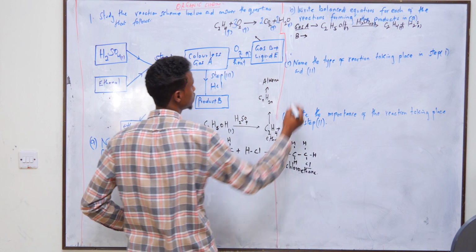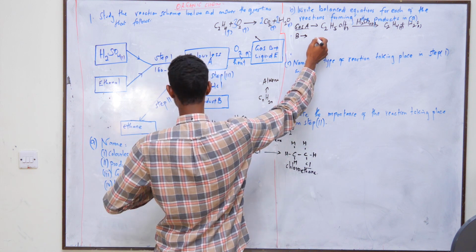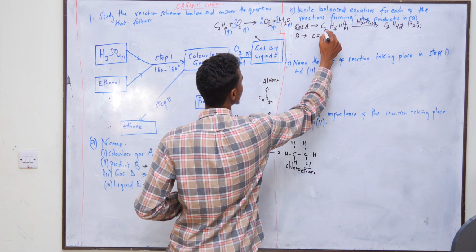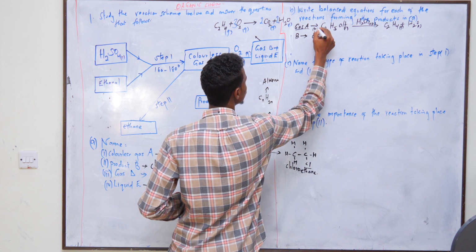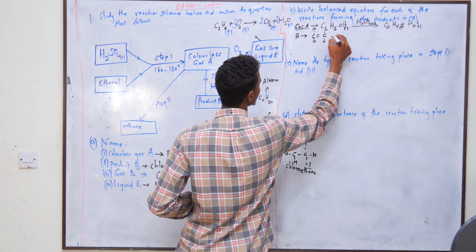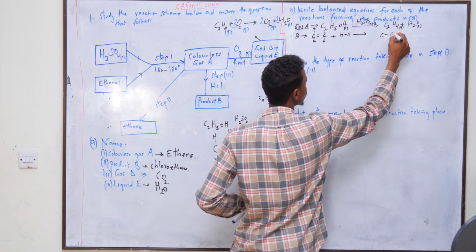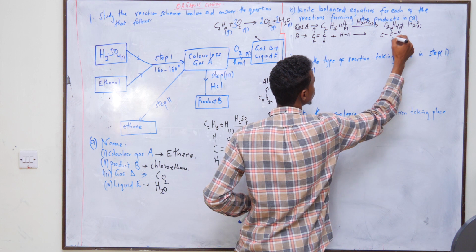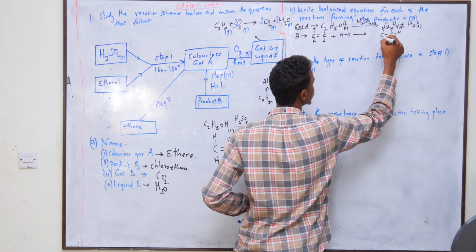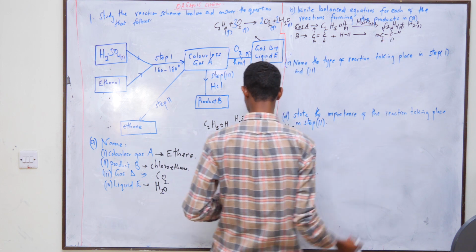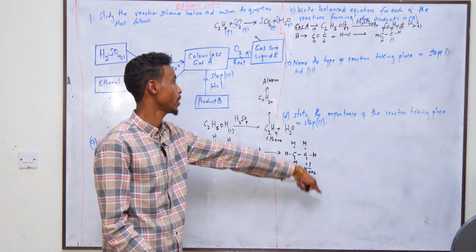Now B is very simple. For product B, that is C double bond C with hydrogens. Now we're going to add hydrogen chloride. Now it's going to form C single bond C with hydrogen, chlorine and hydrogen, and it is called chloroethane.